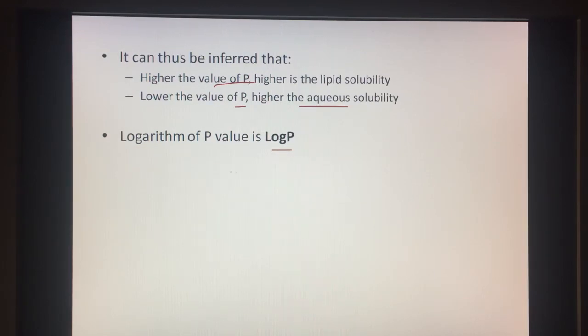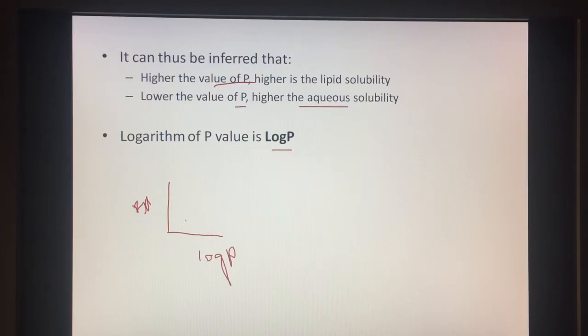Now this partition coefficient can be related to the biological activity in two ways. If we plot a graph of this, here we have biological activity, and on the x-axis we have log P. Now this relationship can be of two types.